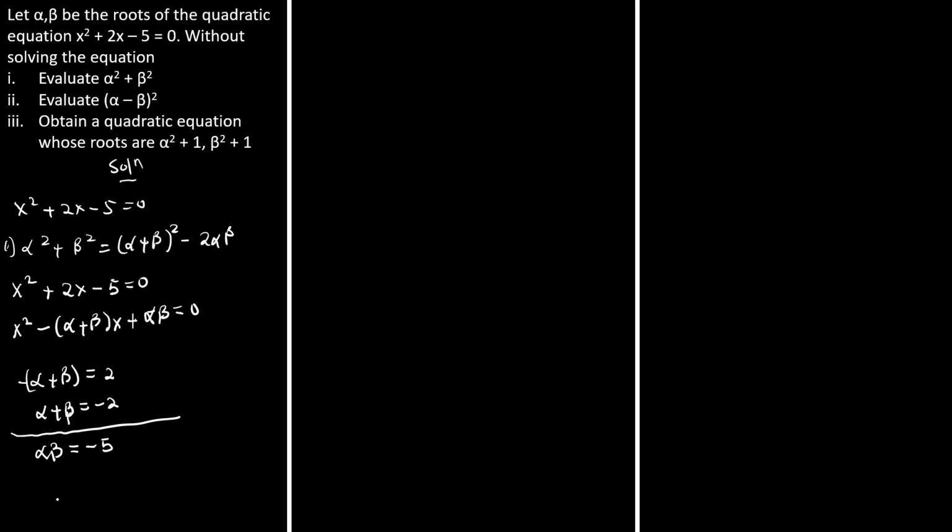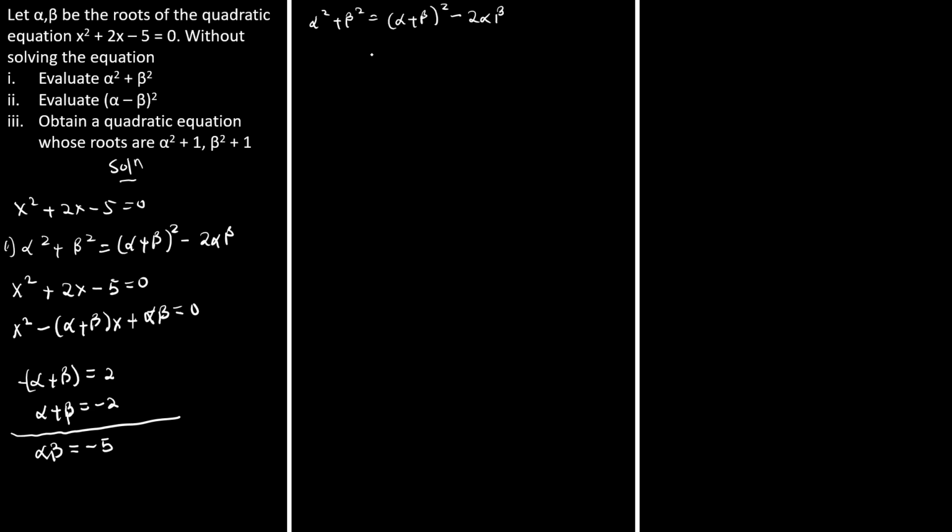So now with the question, we can say that this alpha plus beta is negative 2, and this alpha beta is the negative 5 here. So with the question, alpha square plus beta square is equal to alpha plus beta all square minus 2 alpha beta.